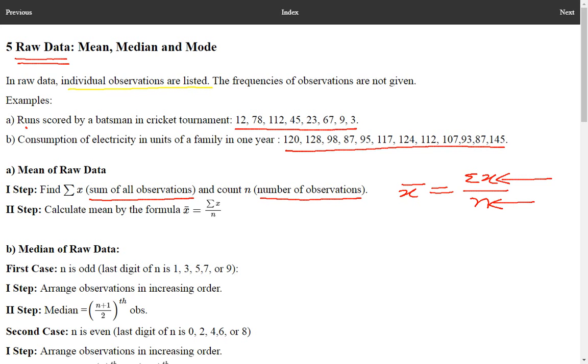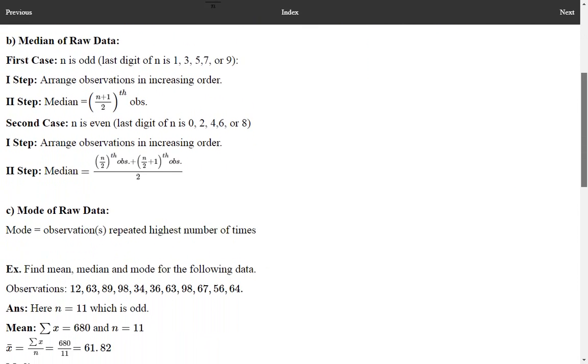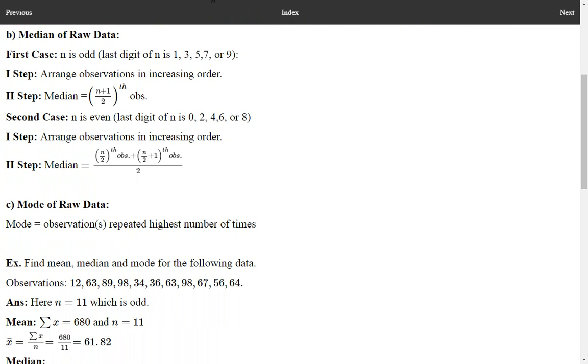How to find median of raw data? To find median of raw data, you have to consider two cases. The first case is n is odd, that is, it is not divisible by 2, that is, last digit of n is 1, 3, 5, 7 or 9.